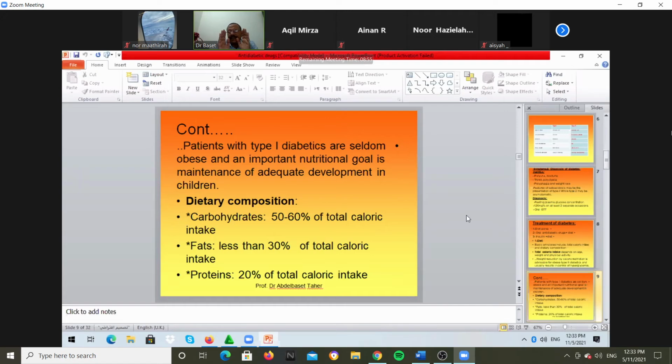So distribution between carbohydrate, fat, and protein is essential to have a balanced diet and to allow this patient to make use of the advantage of each diet composition, not to give him only one type in a big amount like carbohydrate.